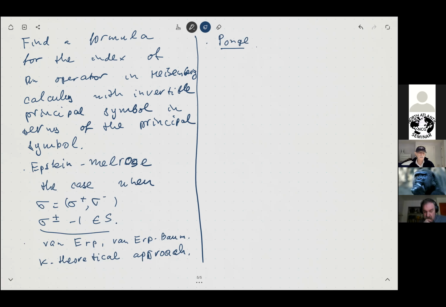And from Ponge, one does get a formula, but this involves the complete symbol. Let me just indicate that the fact that such a formula exists is essentially automatic from cyclic theory.